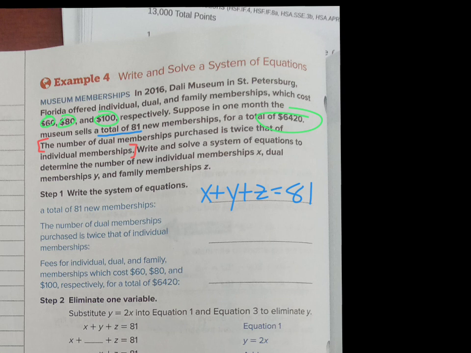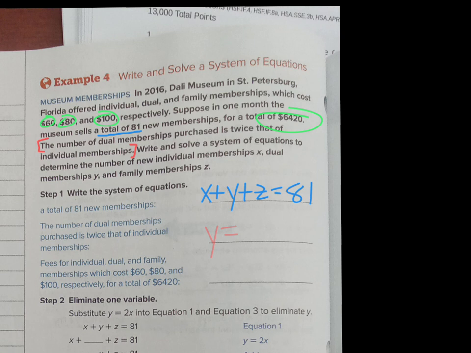So it says the number of dual memberships purchased is. Which is the number of dual memberships? Y. So Y, color coded for you guys, equals. Dual membership is, and then it says twice that of individual.